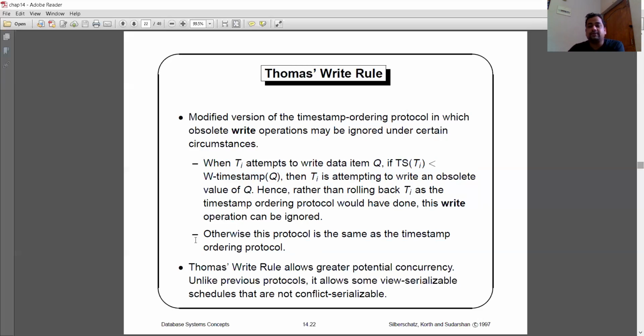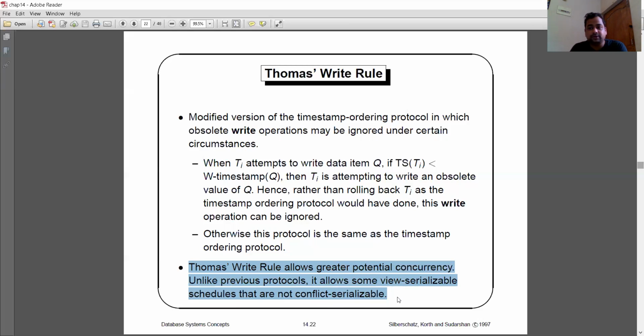Okay. So what are the advantages of this Thomas write rule? The Thomas write rule allows a greater potential for concurrency. Unlike the previous protocols, it allows some view serializable schedules that are not conflict serializable. The previous protocols, two-phase, graph-based, tree-based, and then log-based protocols, are all associated with conflict serializability and do not describe view serializability.